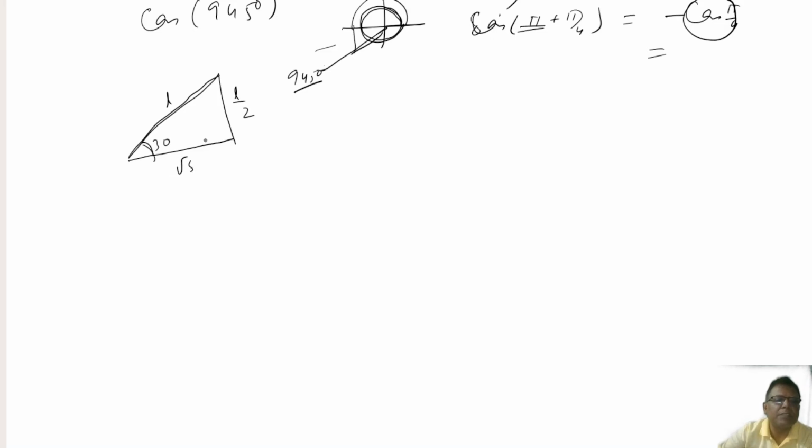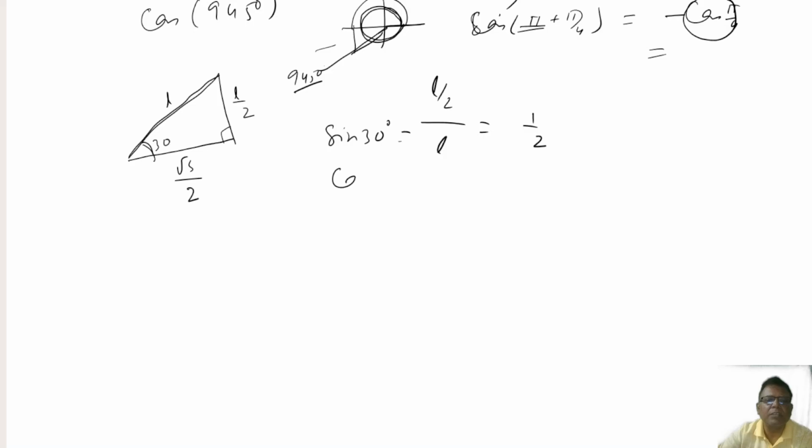If the base angle is 30 degree, this is a right angle triangle, then this is L, this will be A, and this one is L by 2. So sine 30 degree is height by hypotenuse, so L by 2 divided by L. So that is equal to 1 by 2.